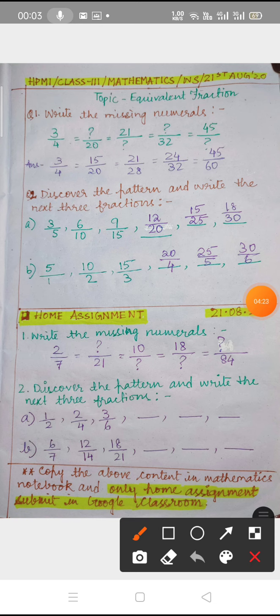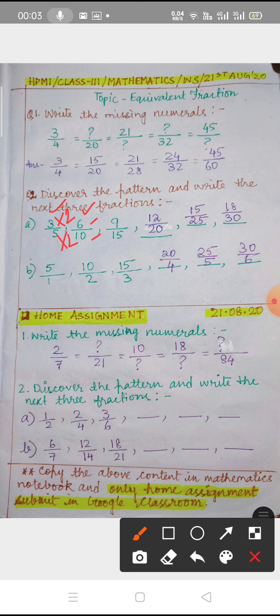Here the first given fraction is 3/5. Now next is 6/10. So 3 is becoming 6, 5 is becoming 10. How is it possible? If we multiply 3 by 2 and 5 also by 2, then we get 6/10. 3 2s are 6, 5 2s are 10.